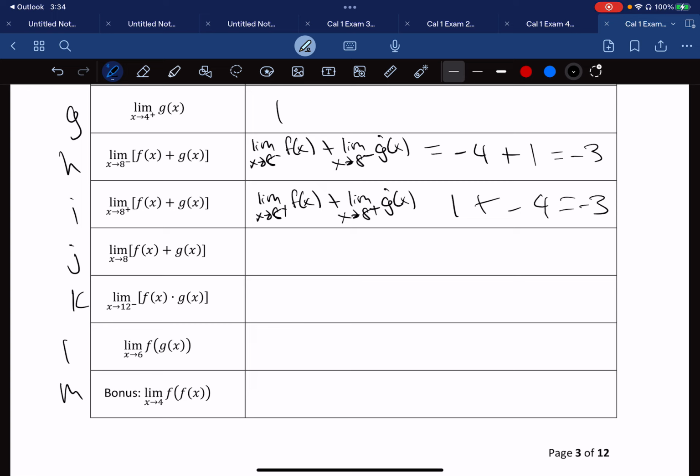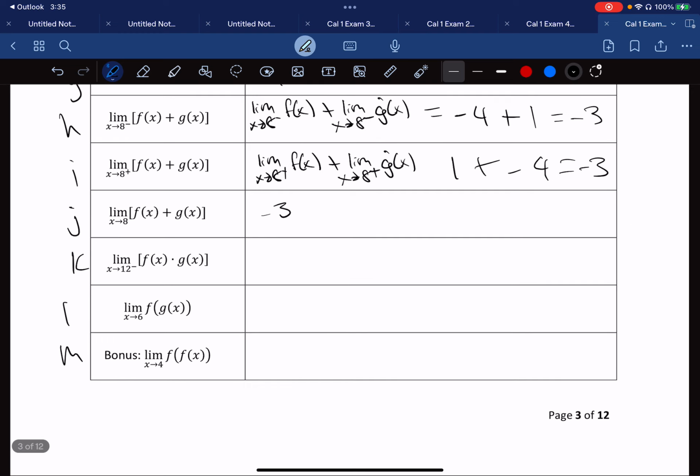Equals -3. Alright, and now this would be the function as x approaches 8, what is it? It's going to be -3 because from the left, it converges to -3, and then from the right, it also converges to -3. Therefore, j will equal -3.